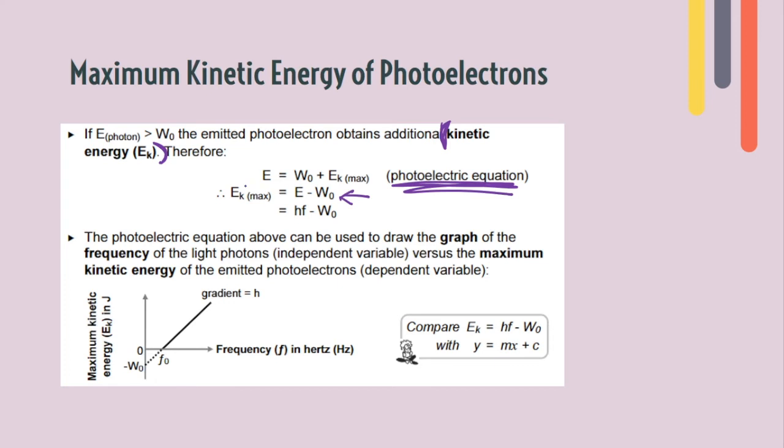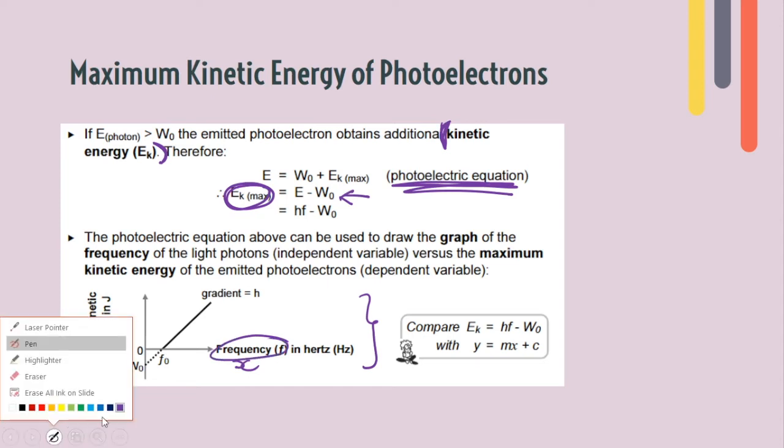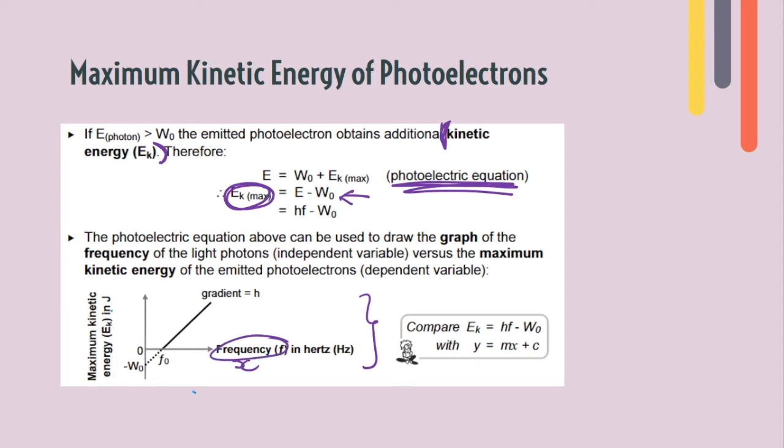So here they solved for Ek. We can use values of Ek and frequency in order to draw a graph, like the one over here. Notice on our x-axis we have frequency. On the y-axis we have kinetic energy, and we have a straight line.